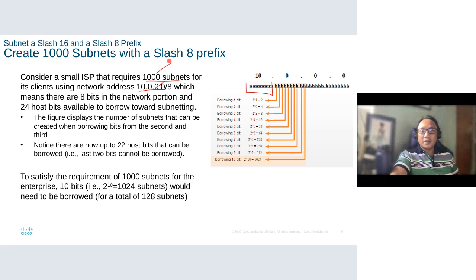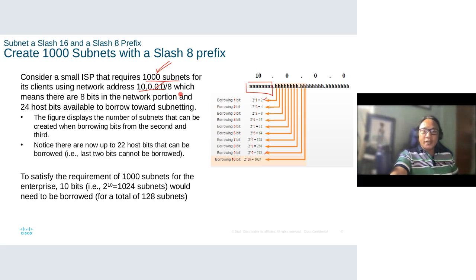Ilan beses tayo magsa-subnet. So looking at this, if you borrow one, no? If you borrow one, only 2 subnet lang yung magagawa mo, no? If you borrow 2, that's 4. So that means if you borrow 8 bits, 256 lang, hanggang 256 lang din yung subnet na makikreate mo. But if you borrow 9, 512 subnets.